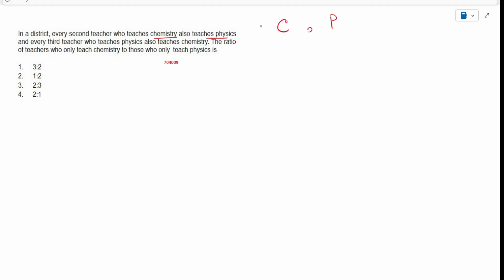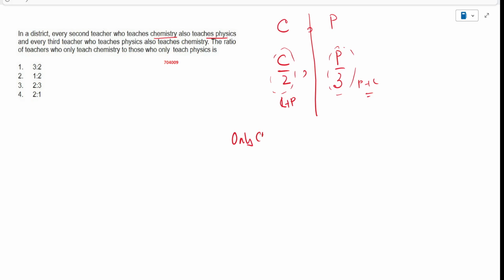Every second teacher means the number who teach chemistry and also physics is C by 2, and those physics teachers who also teach chemistry number P by 3. These P by 3 teach both physics and chemistry.